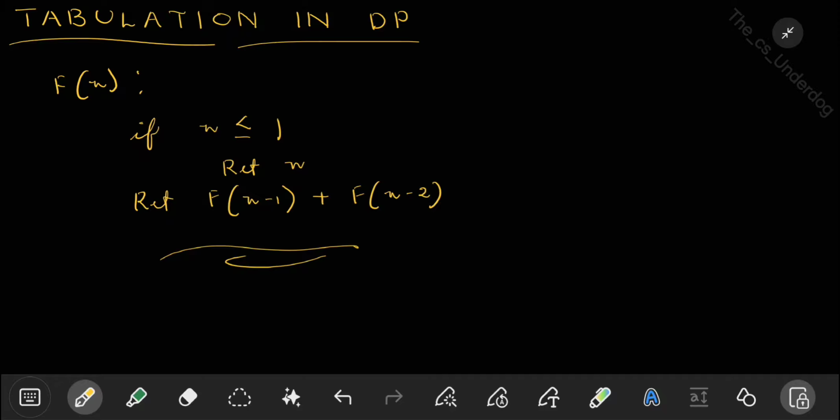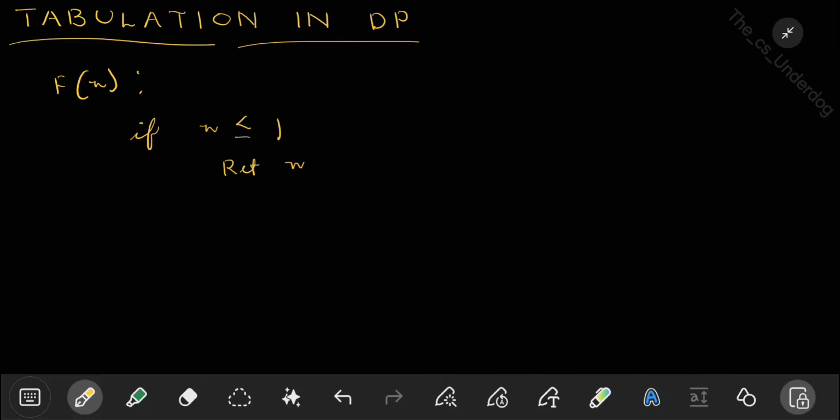So instead of this return function which is going to call all the smaller problems, in case of tabulation, for n is 0 and 1, we are going to directly write that f of 0 is 0, f of 1 is 1. For the remaining ones, let us say for i is equal to 2 to n, what are we going to do?